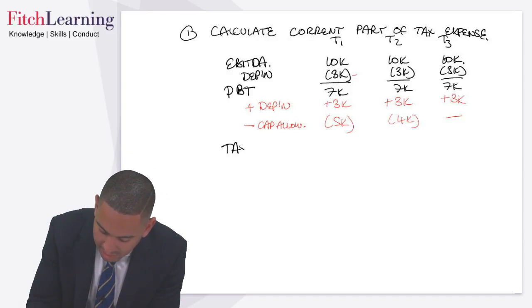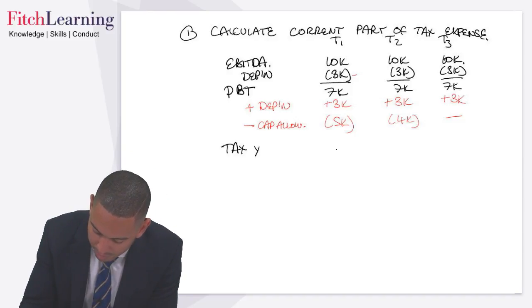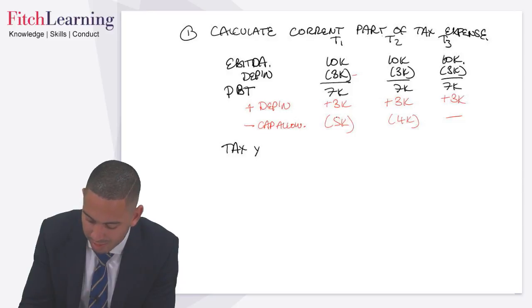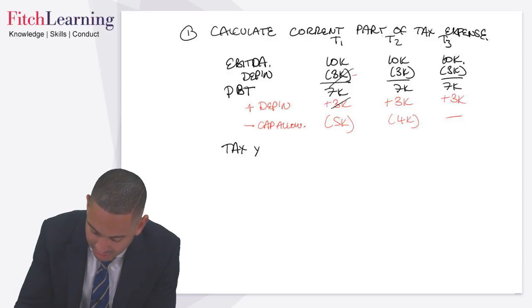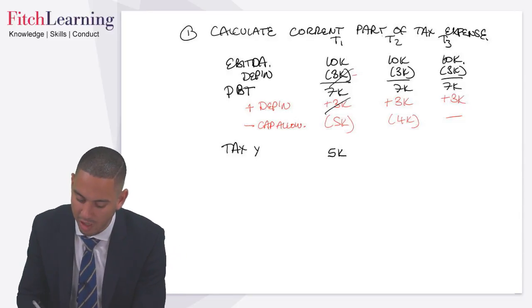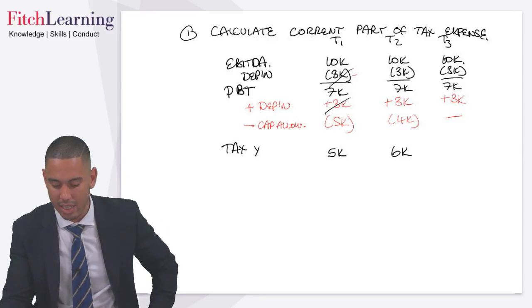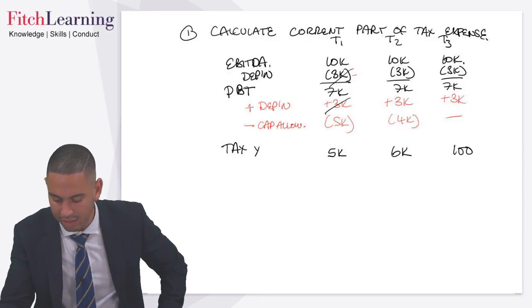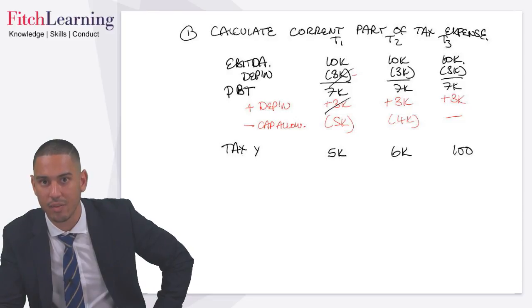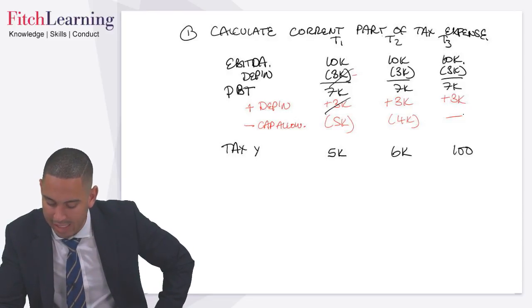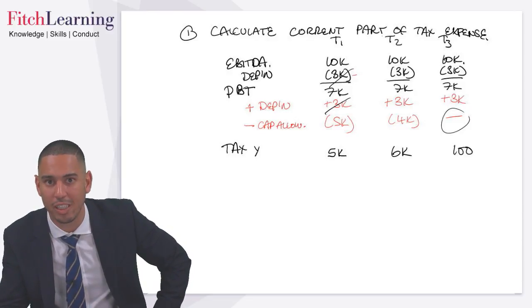So my taxable income is going to be 10k, and I can cancel those out against each other. 10k minus 5k is going to be 5k in the first period, it's going to be 6k in the second period, and in the final period, it's going to be 10k. Because I do not get any capital allowances. I've used them all already.